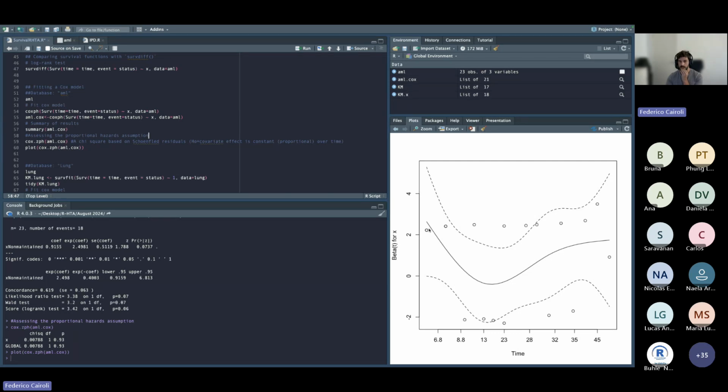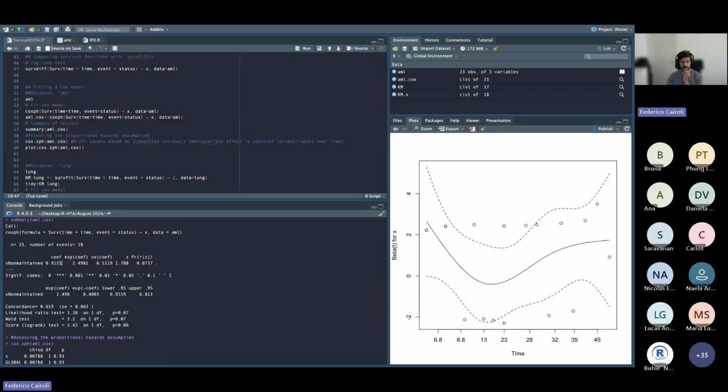So basically it says that, remember that the coefficient was 0.9. I mentioned that if this coefficient is positive, the hazard ratio will be higher than 1. If this coefficient is negative, the hazard ratio will be lower than 1, okay?